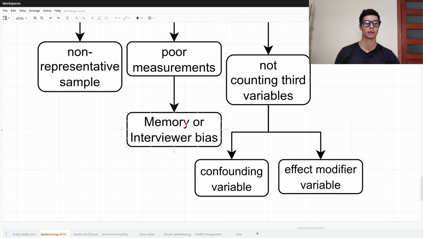For example, in talking about nutrition, what have you been eating in the last couple of days? And the person doesn't really remember everything. So that's a memory bias. Or the interviewer bias also, because maybe the person remembers something, but then the problem is from the interviewer, because the interviewer understands different things. So there's a lack of communication, poor measurements.